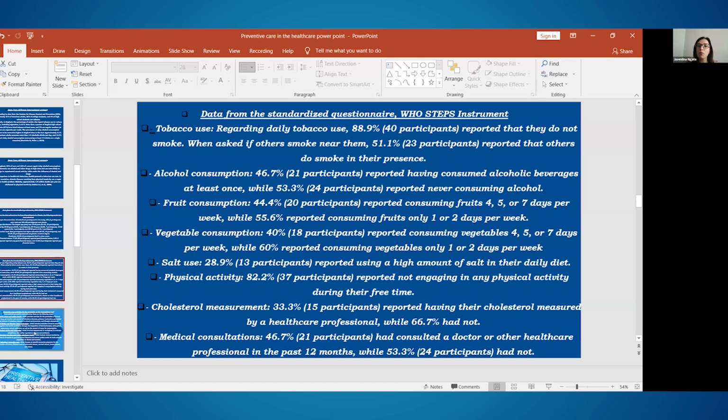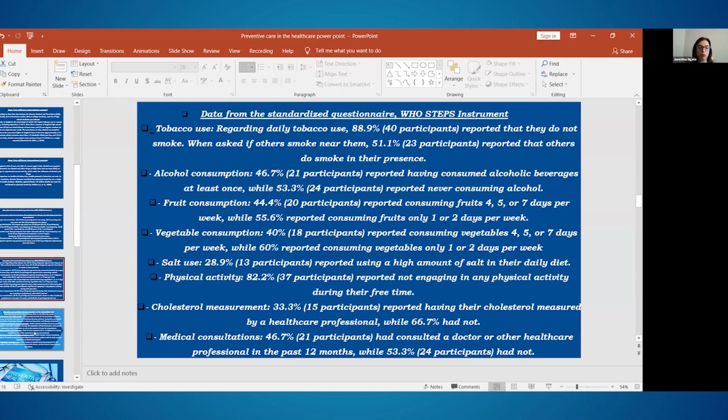Alcohol consuming, about 46% reported having consumed alcohol at least once. Fluids consuming, about 56% reported consuming fluids only 1 or 2 days per week, and the other part 4, 5 or 6 days per week.